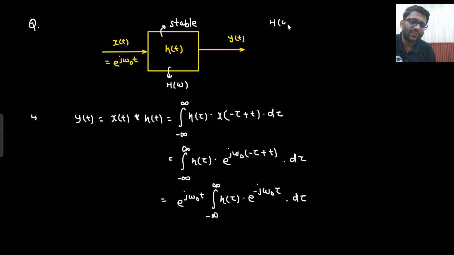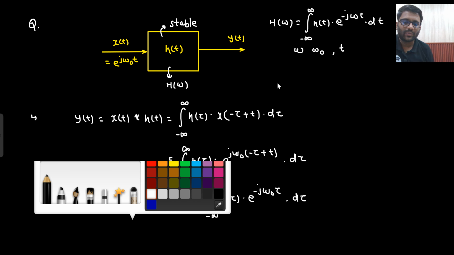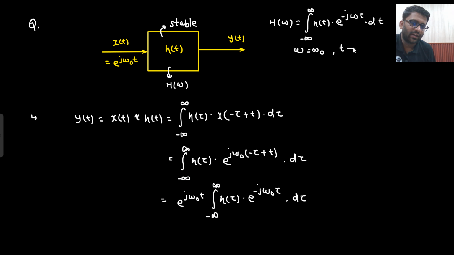What do you remember? What is your H(omega)? H(omega) is given as the integral from minus infinity to infinity of h(t) e to the power minus j omega t dt, right? In place of omega, what am I doing? I am putting omega naught, and in place of t, I am putting tau.